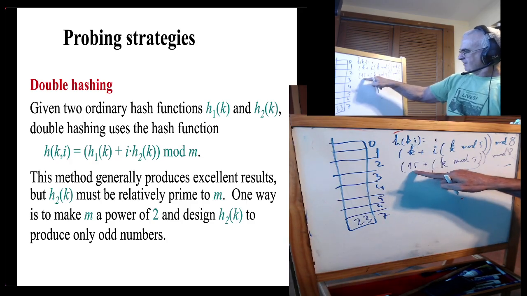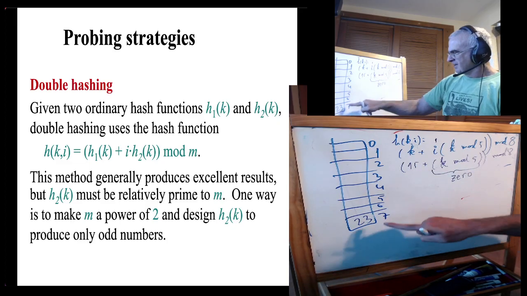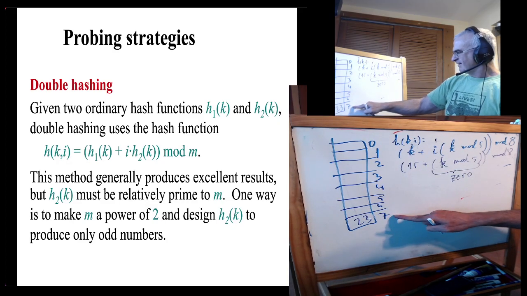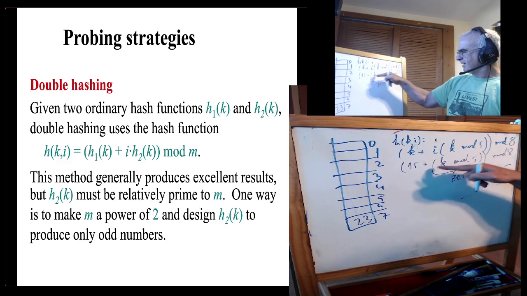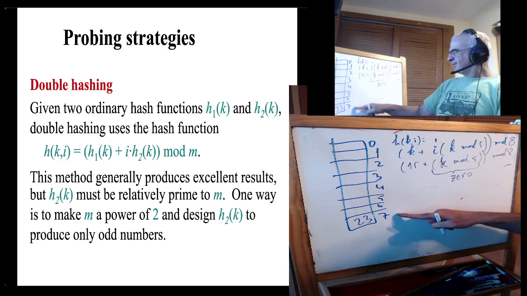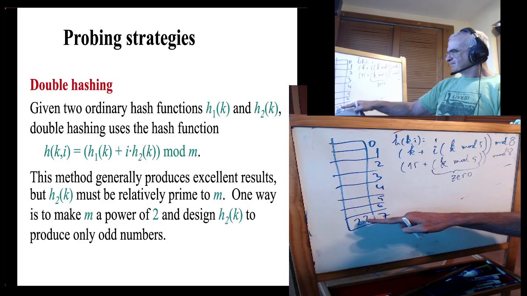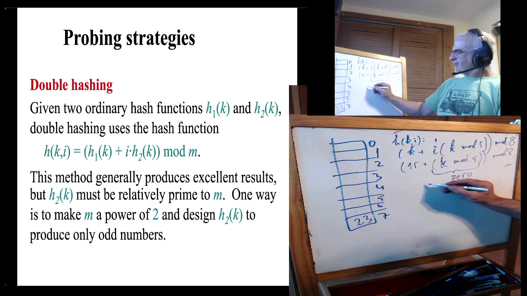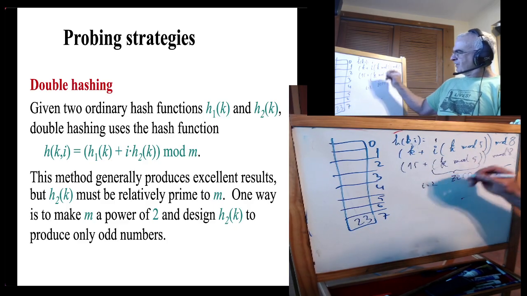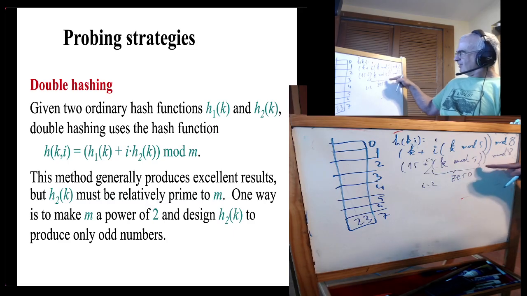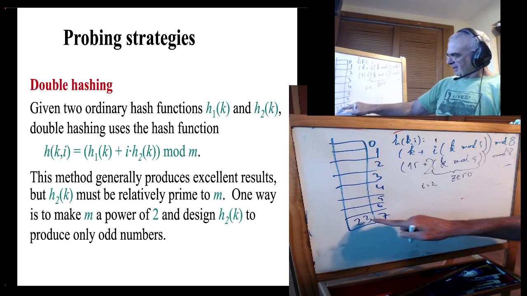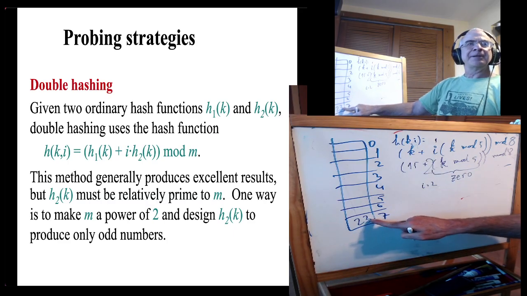So in my second attempt I'm probing cell number 7 again, because 1 times 0 is still 0. So I'm probing this cell again. Then I'm moving to i equals 2, and now it's 2 times 0 plus 15, which again makes me probe the very same cell, and so on.